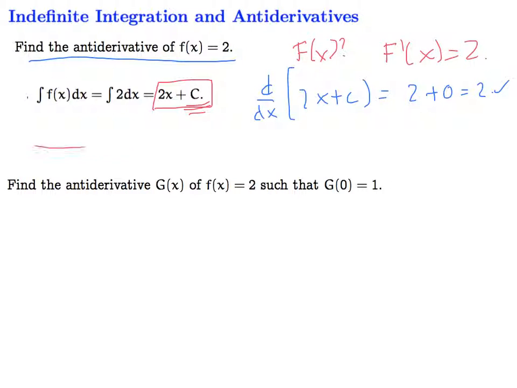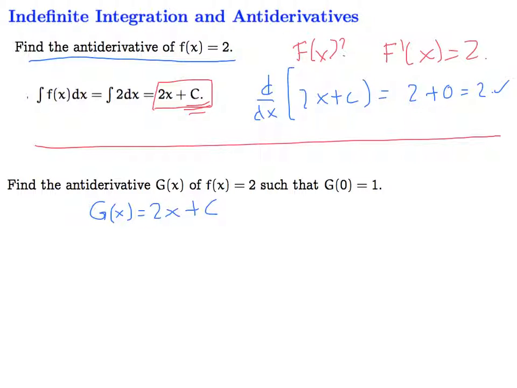Now, another problem might say to you, instead, find the antiderivative g of x of f of x equals 2, so that g of 0 equals 1. Well, from our work in the previous problem, what we know is that g of x equals 2x plus c is certainly an antiderivative.